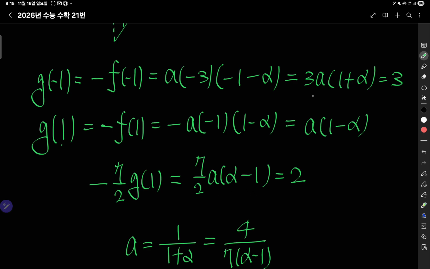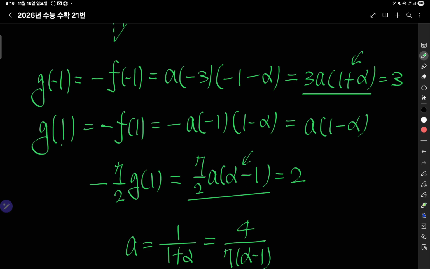And to decide which one is 2 and which one is 3, let's make an educated guess. Because alpha plus 1 is greater than alpha minus 1, we can reasonably think that the term containing alpha plus 1 will be bigger than the term with alpha minus 1.